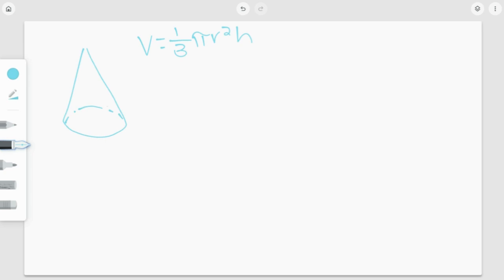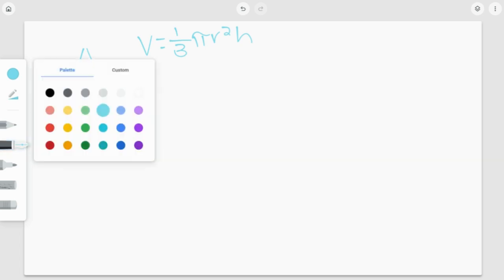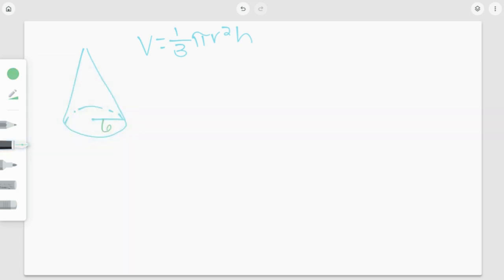And let's say that your radius is 6, and the height of your cone is going to be 4. Now we can take that information and substitute it into the formula. So we have V equals 1/3 pi, our radius, which is 6, squared times our height, which is 4.